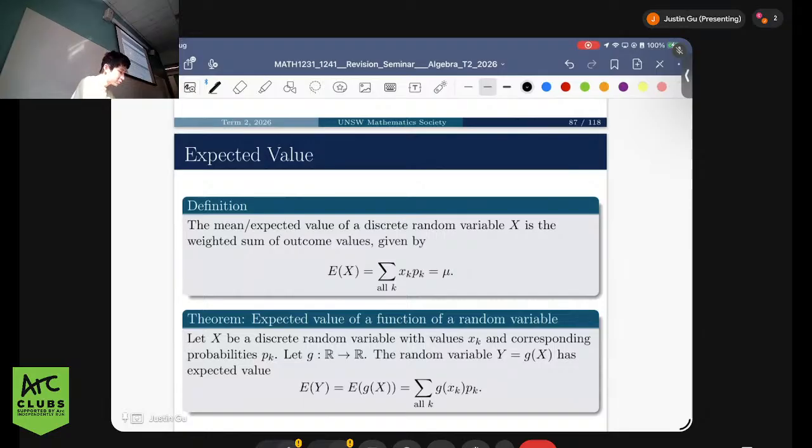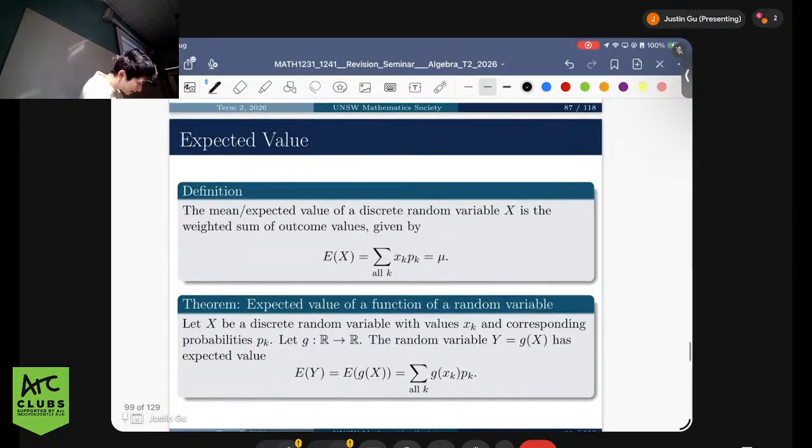It's the weighted sum of outcome values, given by the sum over all k of x_k, the value the random variable big X is tracking, times the probability of that happening. We often denote that with a mu, because m stands for mean.